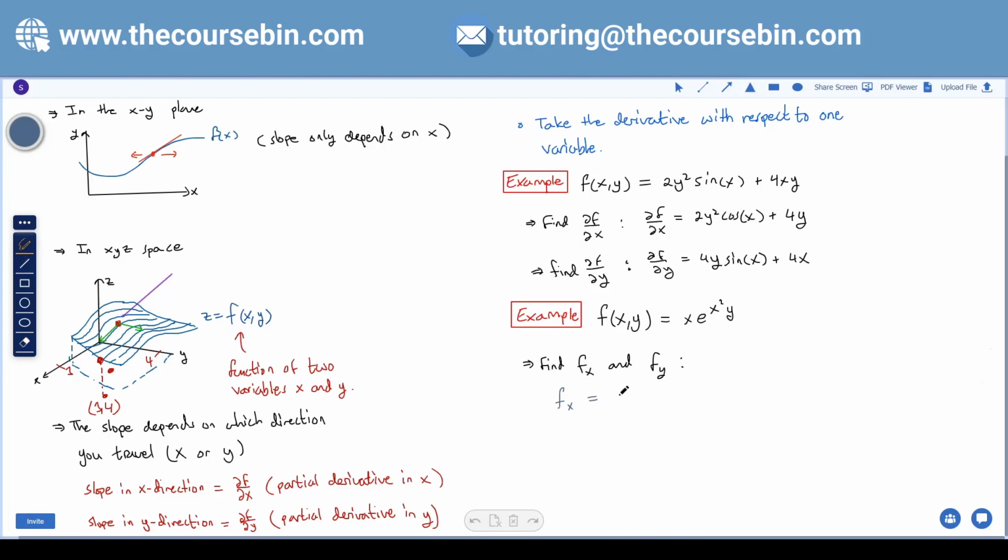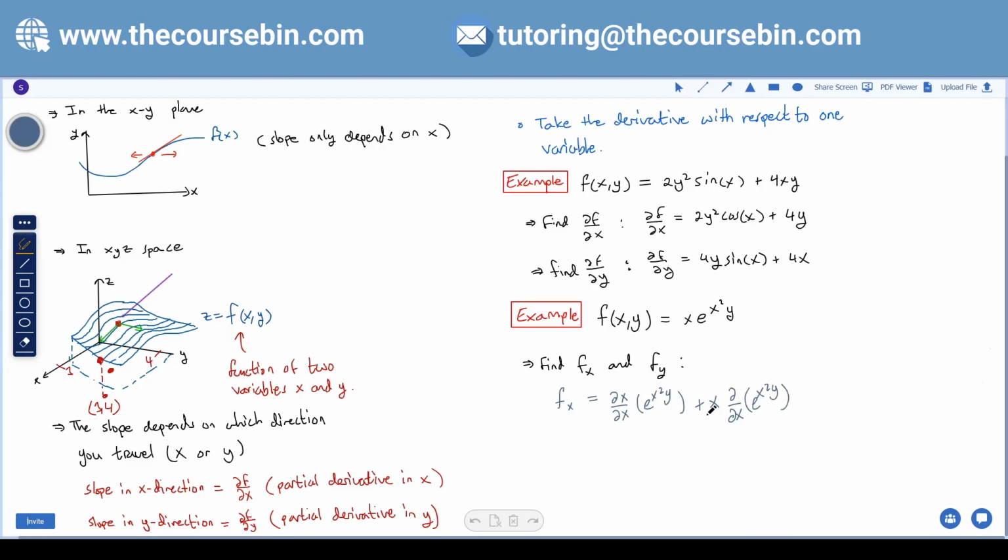This is going to end up being d dx of x times e to the x squared y plus x times d dx of e to the x squared y.